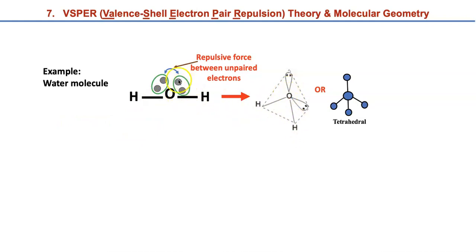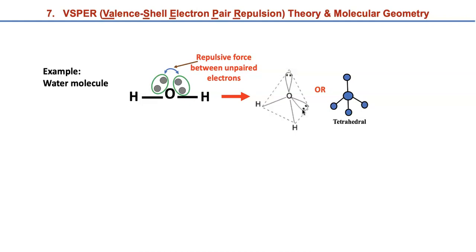And the lone pairs of electrons are pushed apart like this, forming 1, 2, 3, 4 sides, like a tetrahedral shape. Although there aren't any atoms on here, the lone pairs of electrons are spread apart like there were two more atoms around the central oxygen.